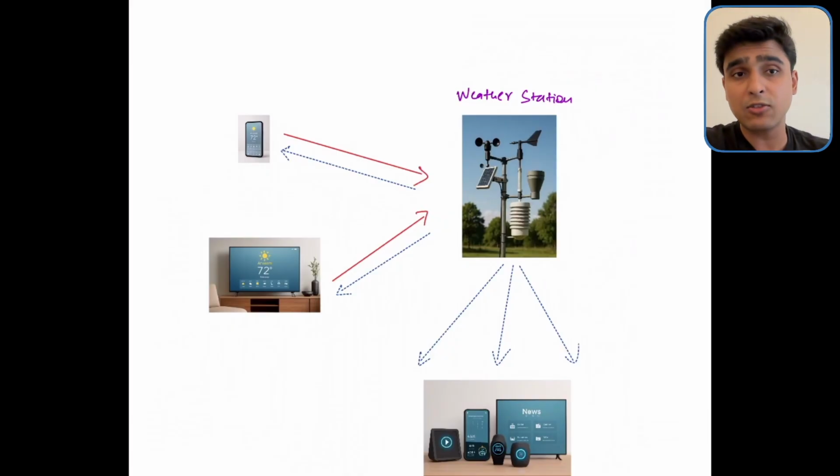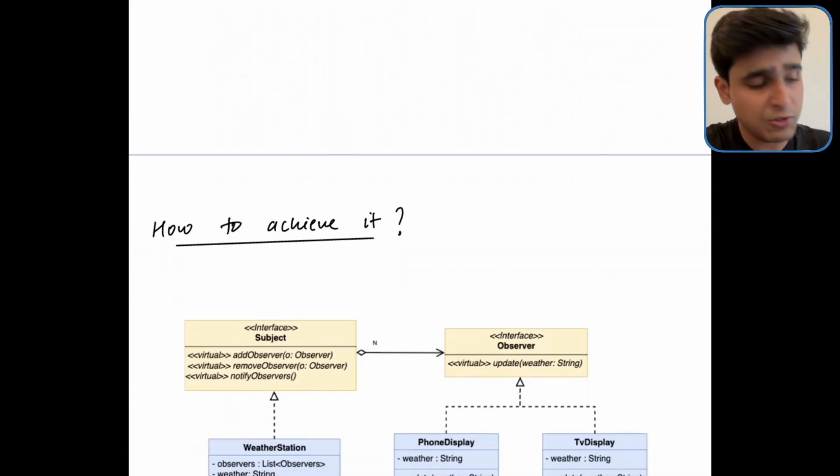Whenever such a situation arises, there is always a way to resolve this, which is to introduce an abstraction layer between the weather station and the devices. So basically we have to introduce an interface between your subscribers and your publishers. Now let's see how we achieve it.